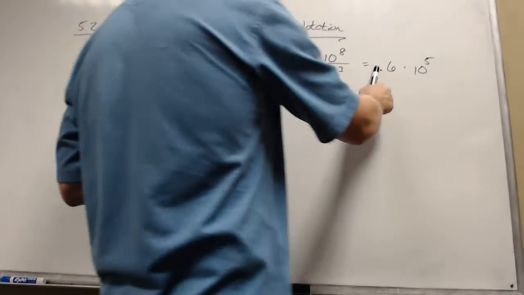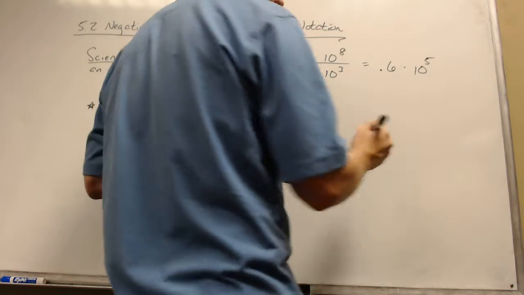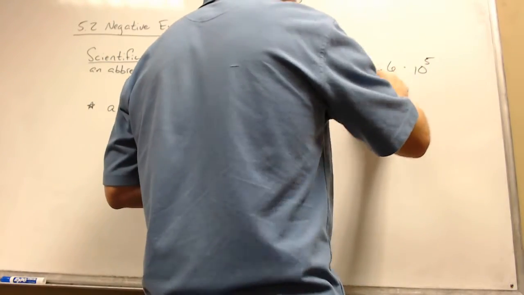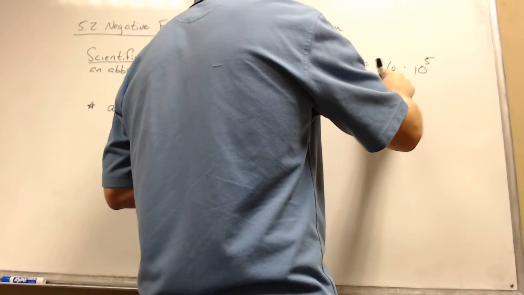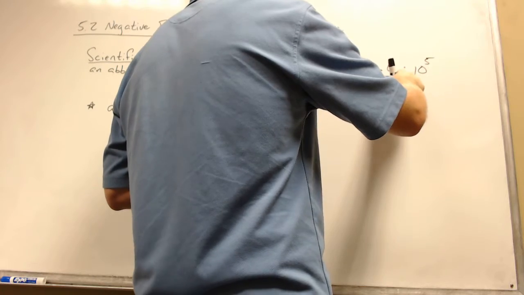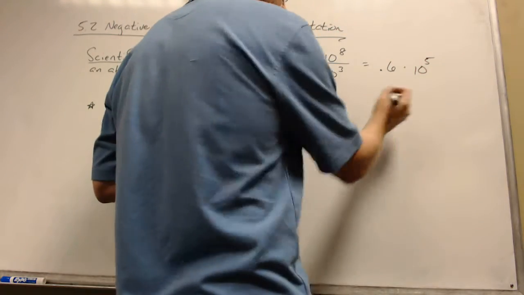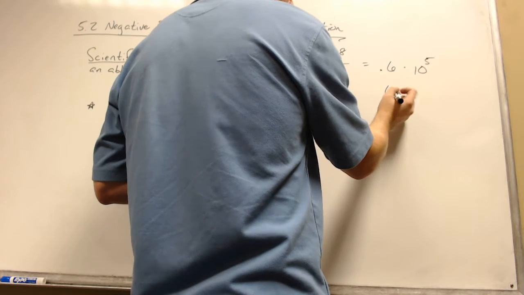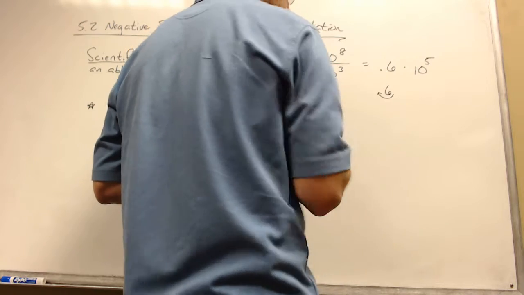We need to rewrite this singular a value with an appropriate a value. So I need to write this in scientific notation, which is, again, a little weird, but 0.6 is no good. Scientific notation would mean I need my decimal after that. So we can write this as 6. But if I write the decimal after it, that would mean in order to get back to where I started, I'd have to move it one spot to the left.